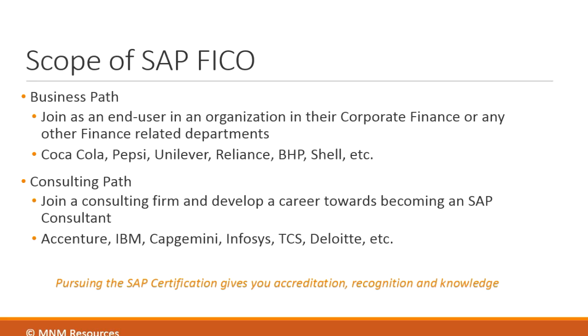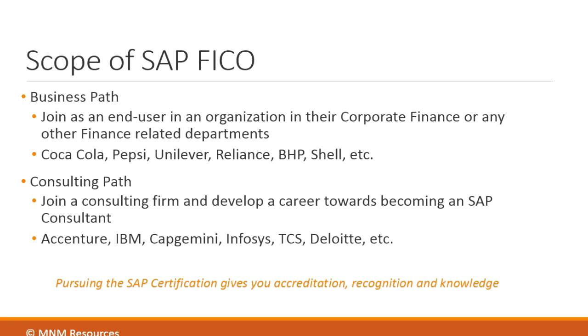Another path is the consulting path. If you want to pursue a career as an SAP FICO consultant, then it's best to join a consulting firm. Probably they take you as a graduate intake or associate consultant level, and you can progress towards becoming an SAP consultant, senior consultant, team lead, project manager, and so on.